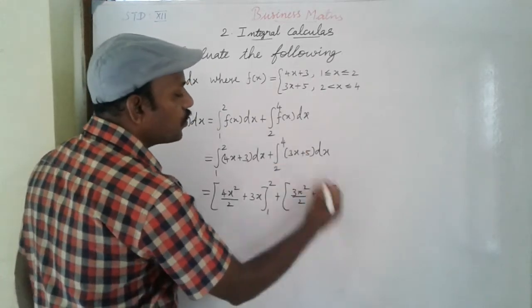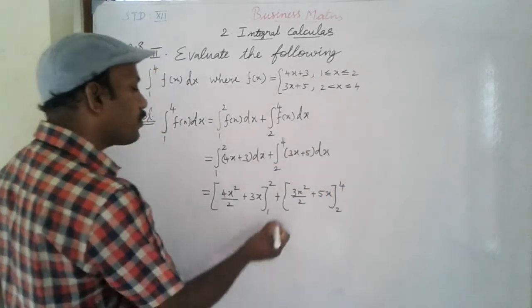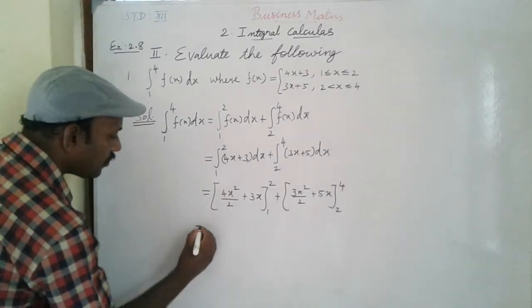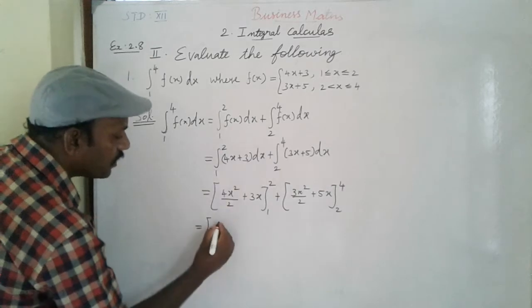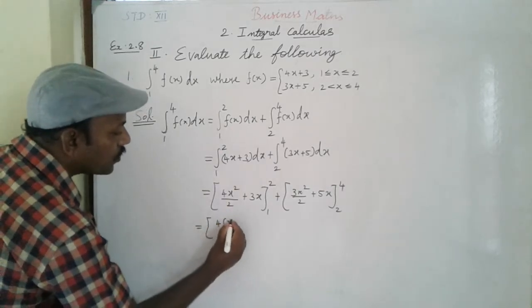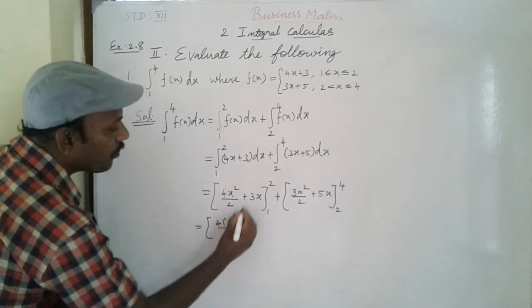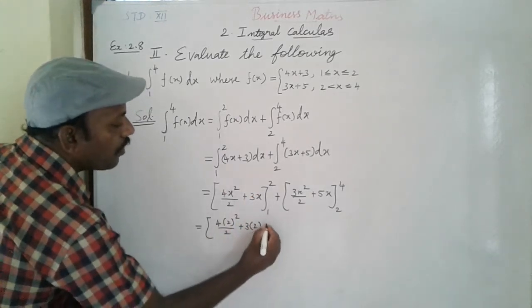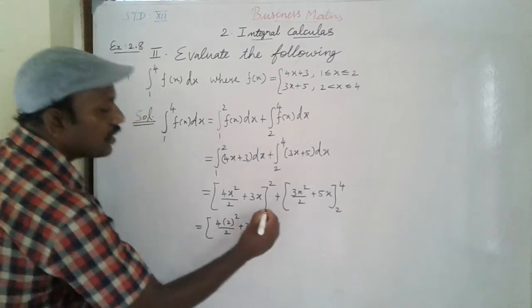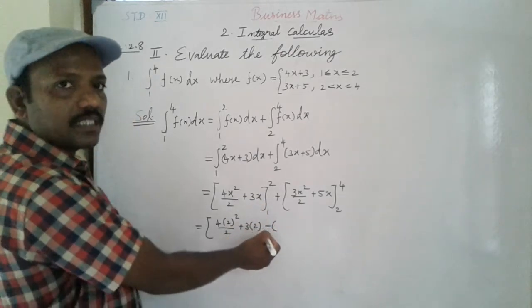Its limit is 2 to 4. Now substitute the limit. Substitute the first limit, 2. We substitute 4 into 2 square divided by 2 plus 3 into 2, minus the second limit.